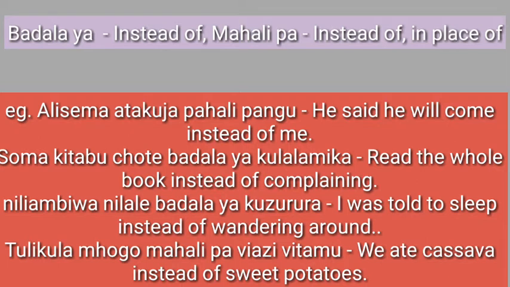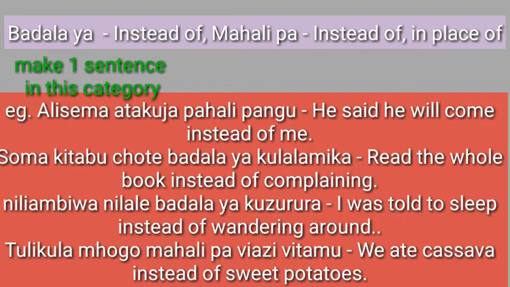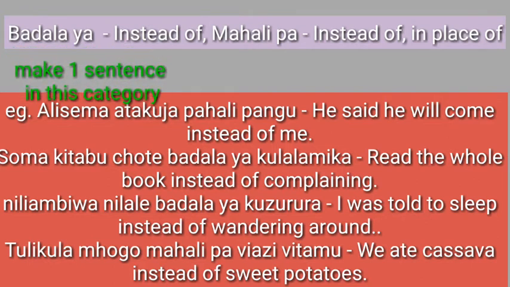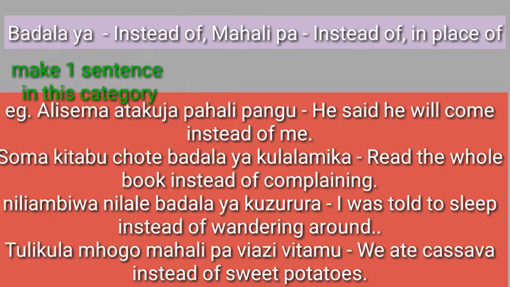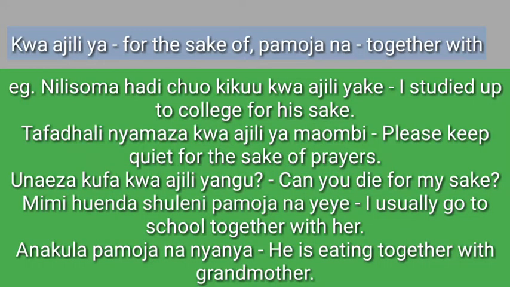So the difference between badala ya and mahali pa, as you can see, mahali pa replaces the first option. But badala ya is used as instead of. Simple as that.